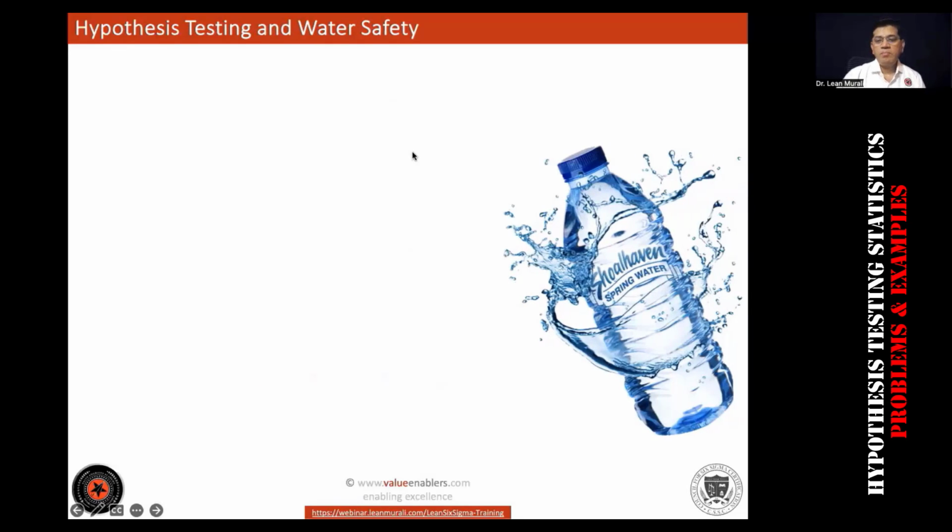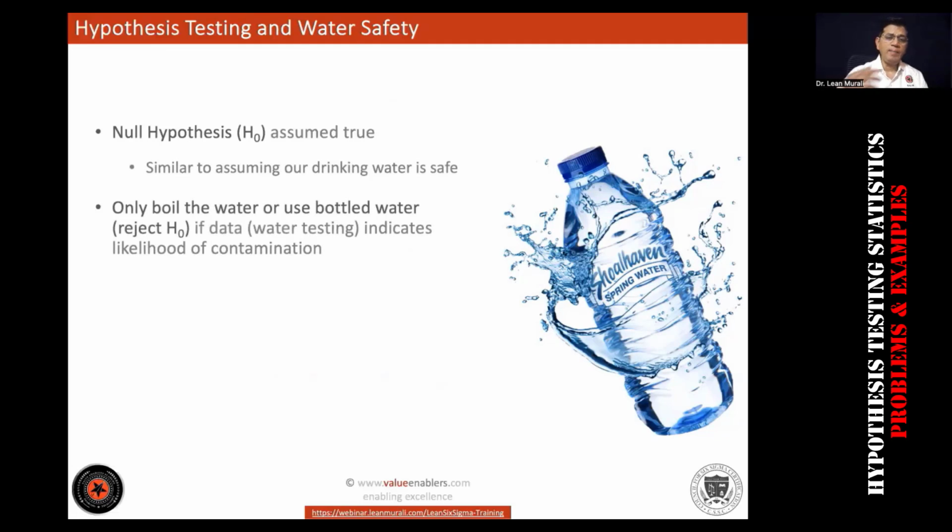Now, for example, if somebody claims, hey, drinking water is safe. Let's say that we make a claim that drinking water is safe everywhere in this place. You come to a new place and they say drinking water is safe. Now, the alternate hypothesis is to only boil the water or use boiled water if the data indicates the likelihood of contamination.